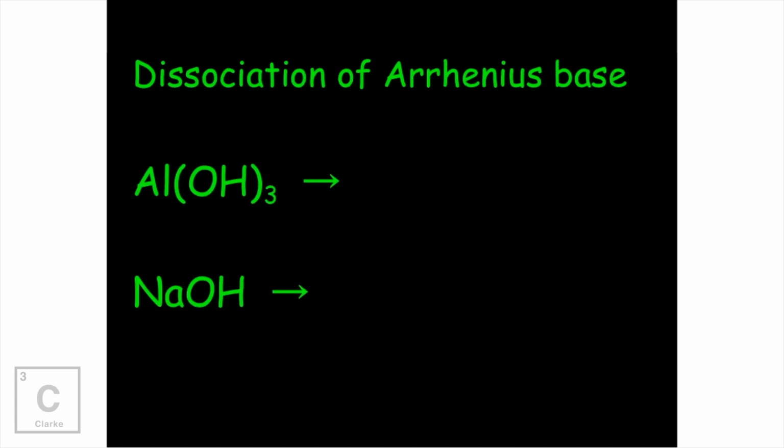Okay, so let's look and see how Arrhenius bases dissociate when they're in water. And since they dissociate into their ions, they're also good electrolytes. So aluminum is a +3 ion. It'll dissociate. Now, hydroxide is going to stay together. It's a polyatomic ion. We just talked about that a second ago. But let's notice that in aluminum hydroxide, there's 3 of them.